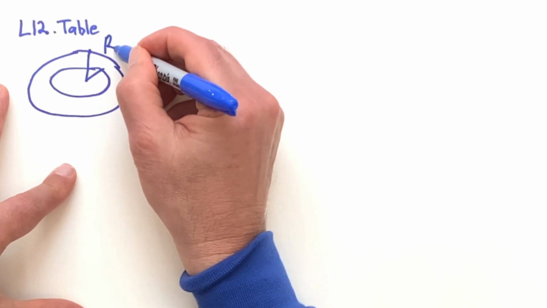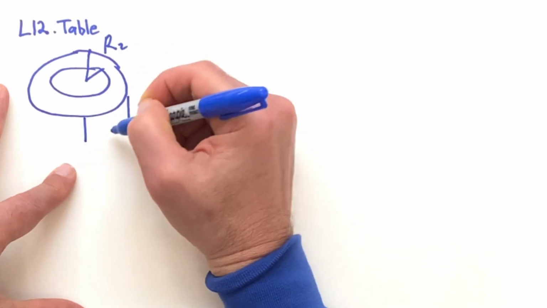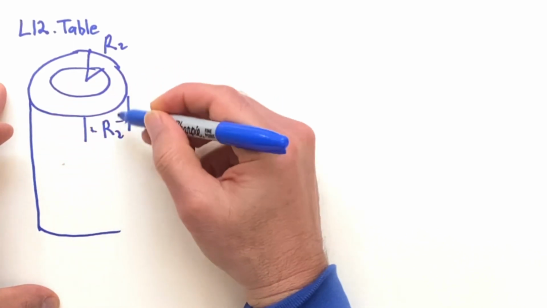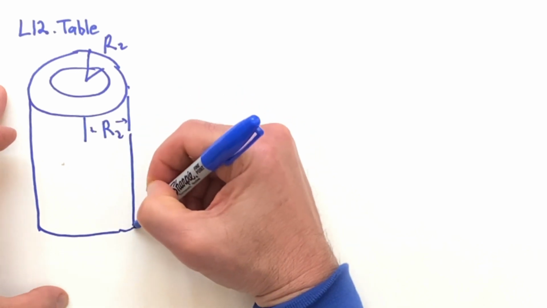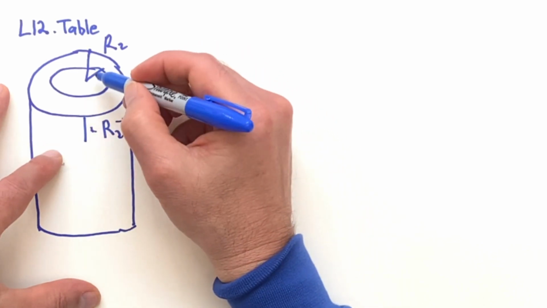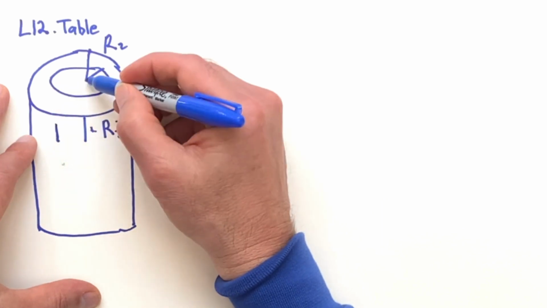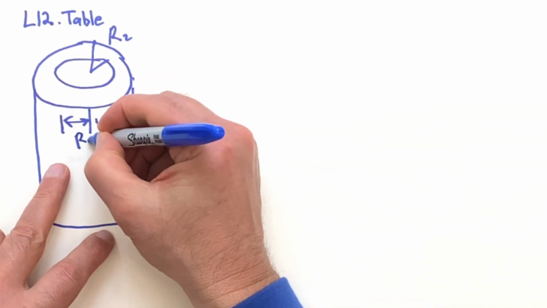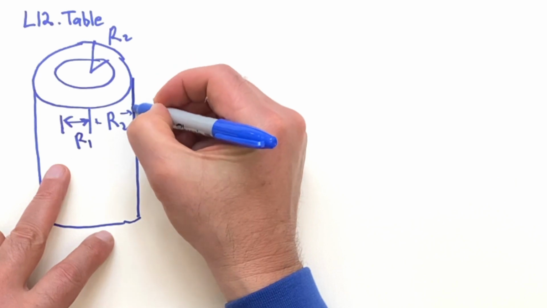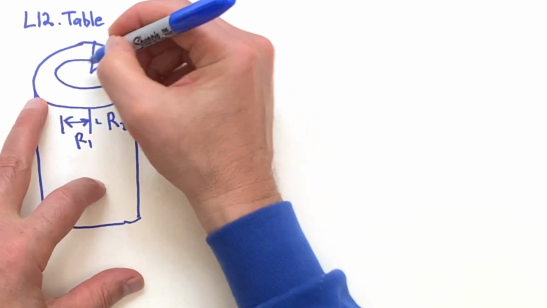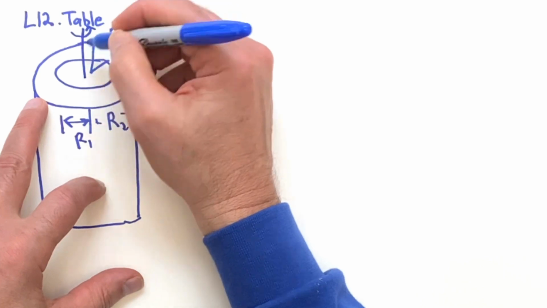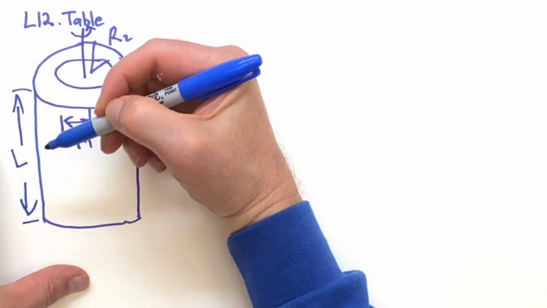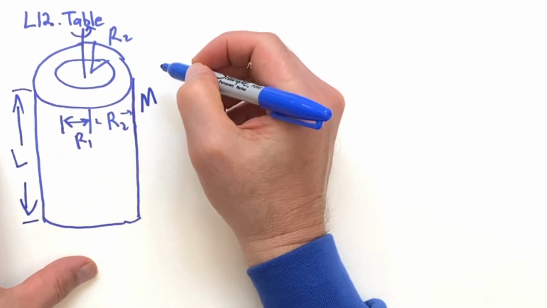The big radius is R2, the outer one, and R1 is the inner one. We're going to go about the center. Let's give this a length L and a mass M.